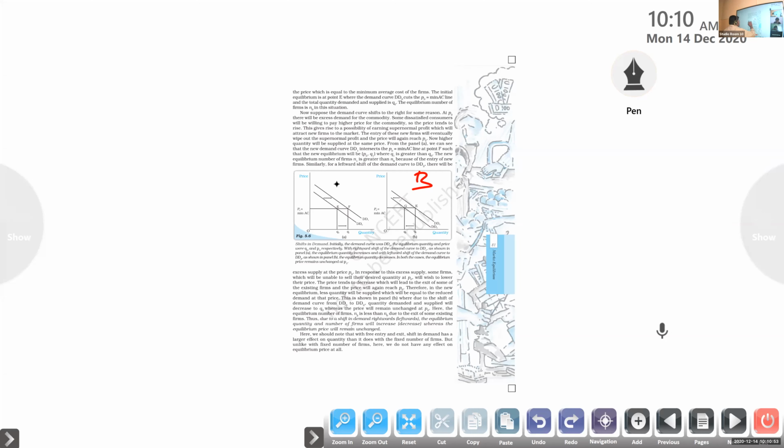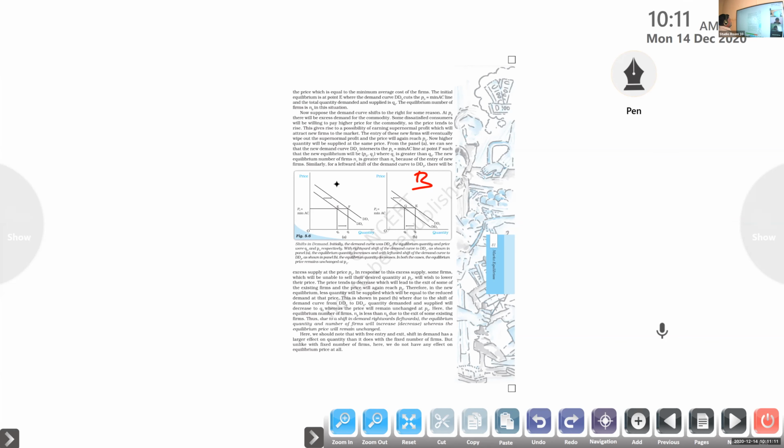At P0, there will be excess demand for the commodity, which means demand increases. Some dissatisfied consumers will be willing to pay a higher price for the commodity.